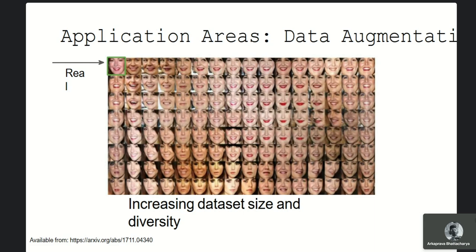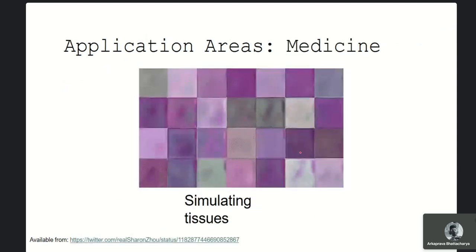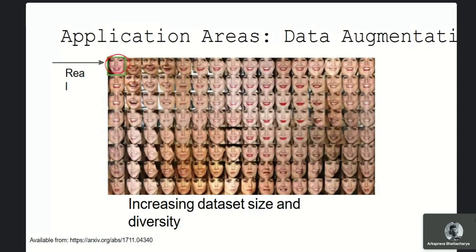So from one single image, as you can see here, we have generated so many similar kind of images. So this helps us to increase the size and the diversity of the data set. And then you can use this augmented data set for downstream tasks like classification, segmentation, and you can improve the accuracy of your model.